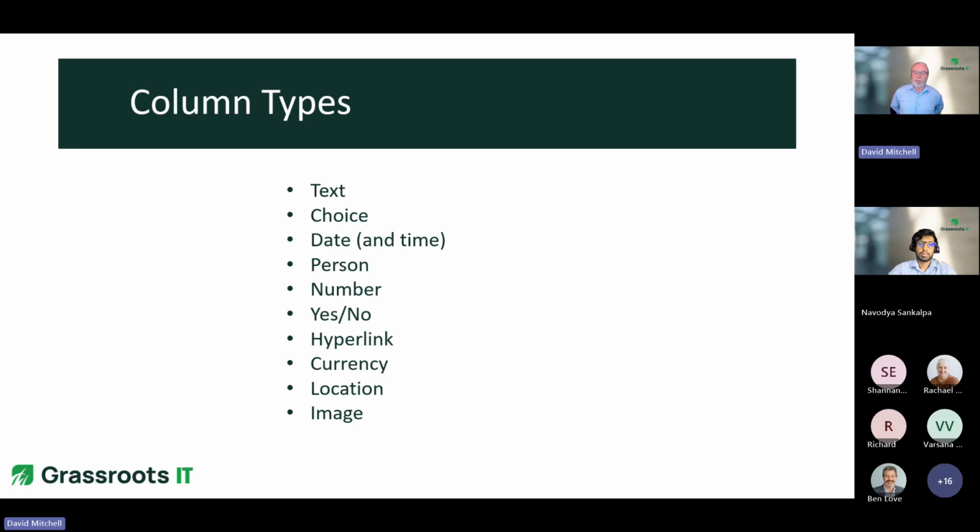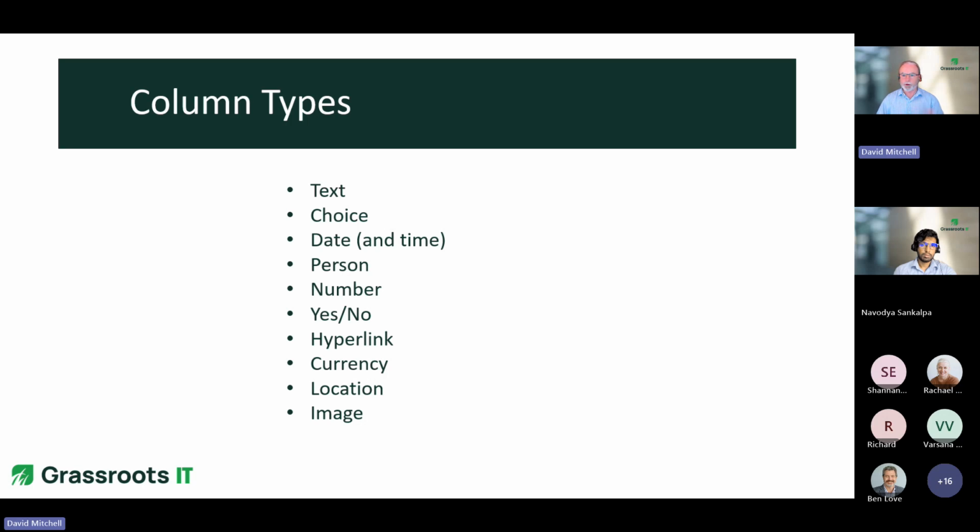Now, the column types. I'm going to demonstrate this a few times throughout the morning, but these are the common types. Not expecting you to remember them all, but you can have the standard type of text, for example, but you can also have a choice. So it's a pre-canned choice of a couple of different statuses, for example. Just skipping down the list there, there's a person, in Microsoft identity. I mentioned Entra ID.